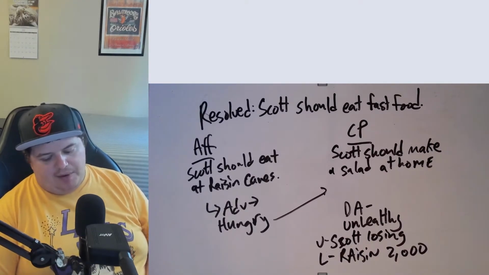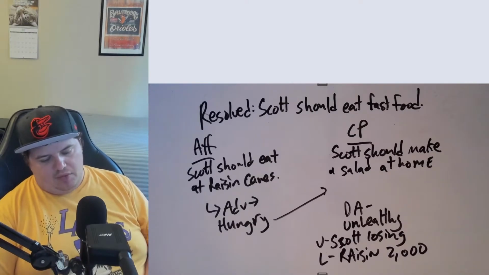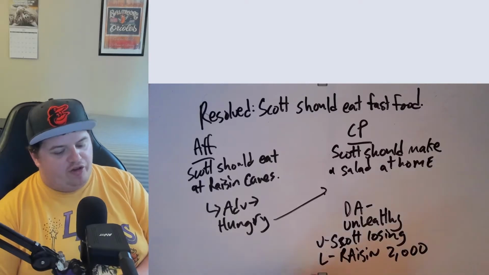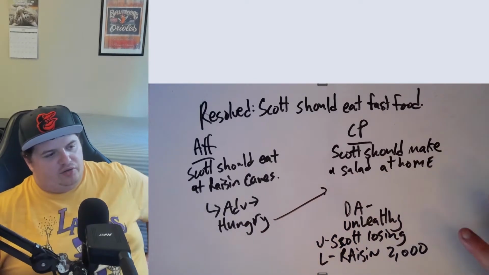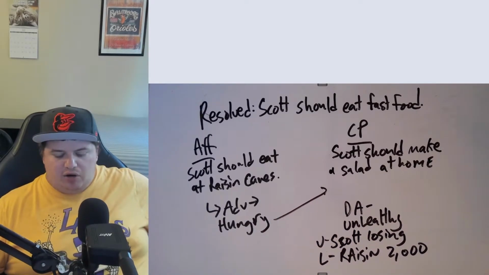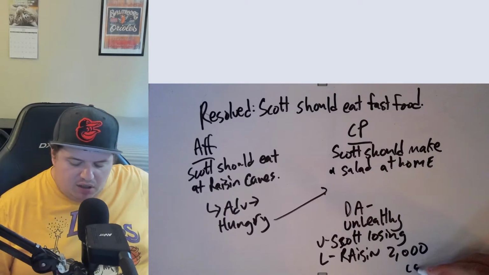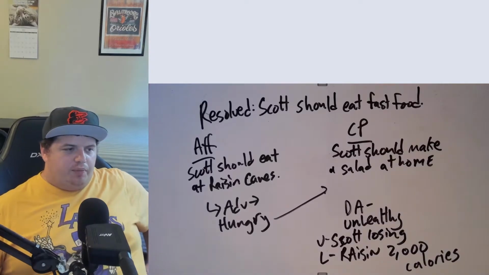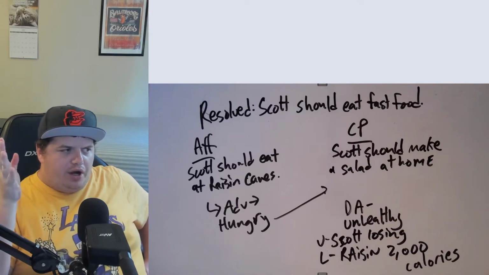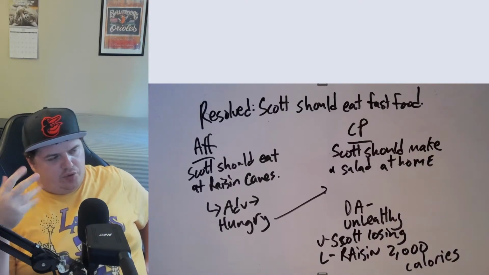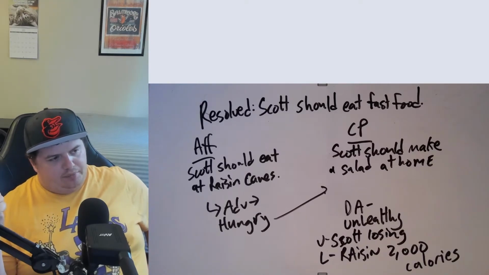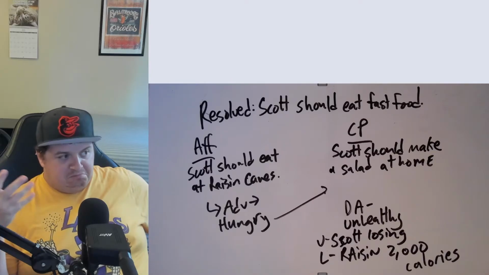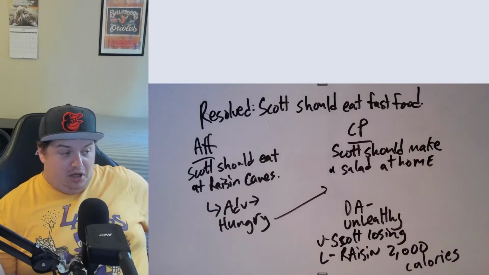Now, let's think about this. With this disadvantage of this unhealthy eating and Raising Cane's being 2,000 calories, is your counterplan now an opportunity cost of doing the affirmative in the debate? Probably. Yeah, it probably is.